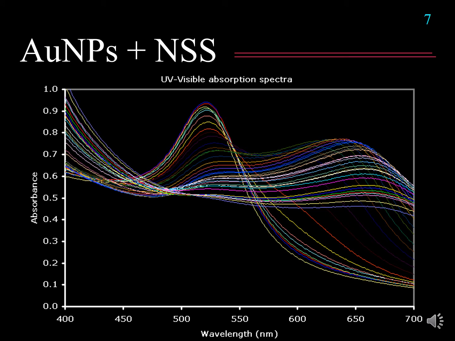So in this case, we're starting from the colloidal gold, and then we add the NSS, or normal saline solution, the sodium chloride solution at 0.9%. With increasing amount of the NSS, or sodium chloride ion, we are increasing the ionic strength in our solution.